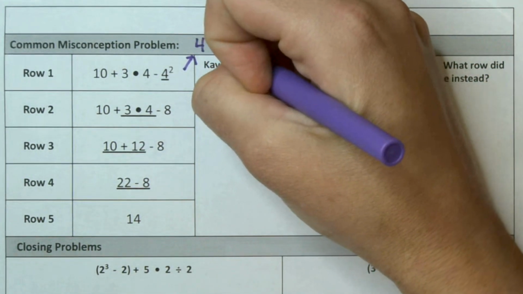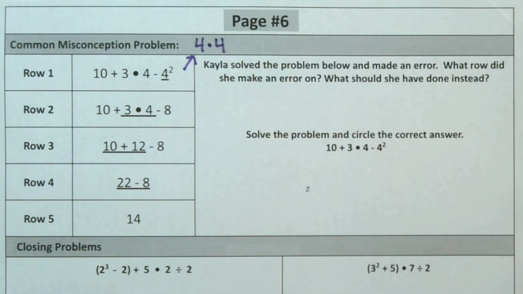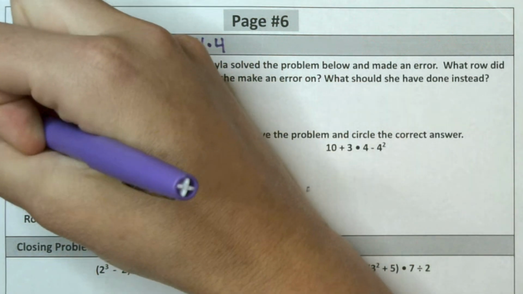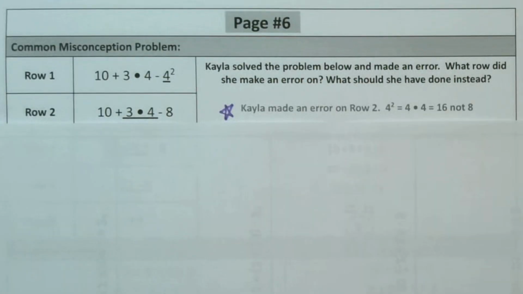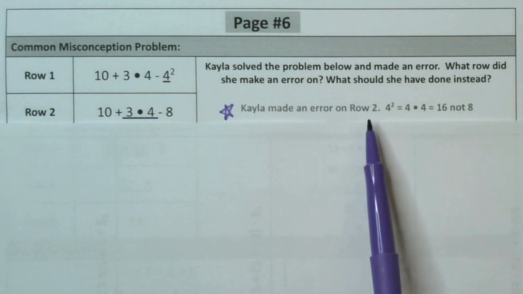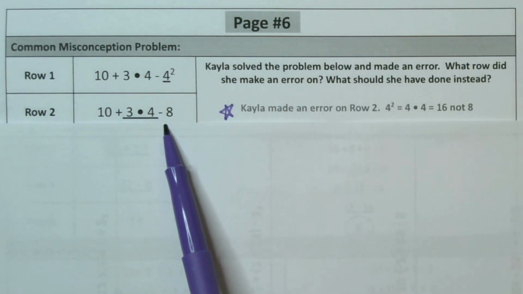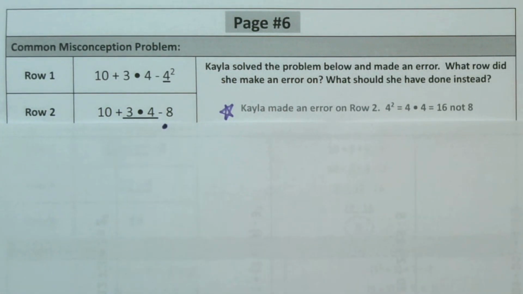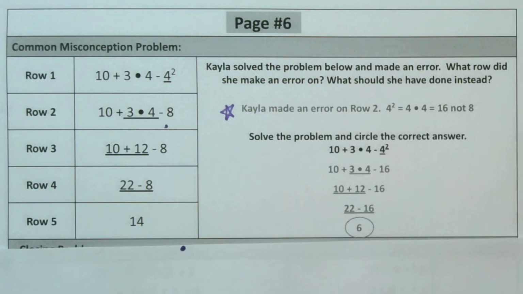It means 4 times 4. So what row did she make an error on? Kayla made an error on row 2. She should have written 16 instead of 8. And go ahead and check your work to ensure that you solve the problem correctly here.